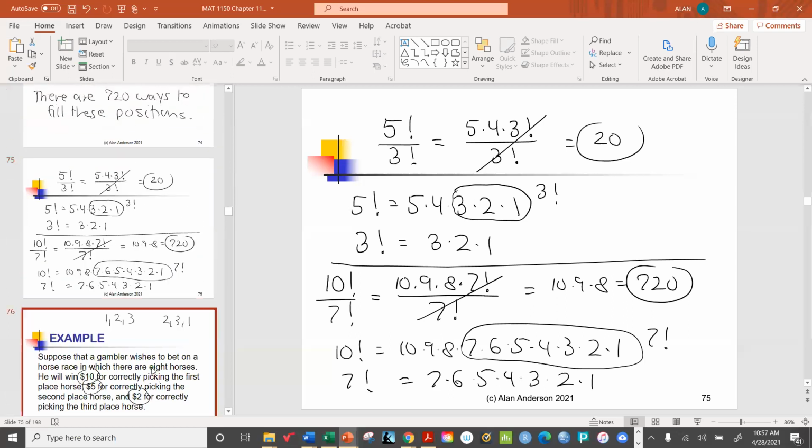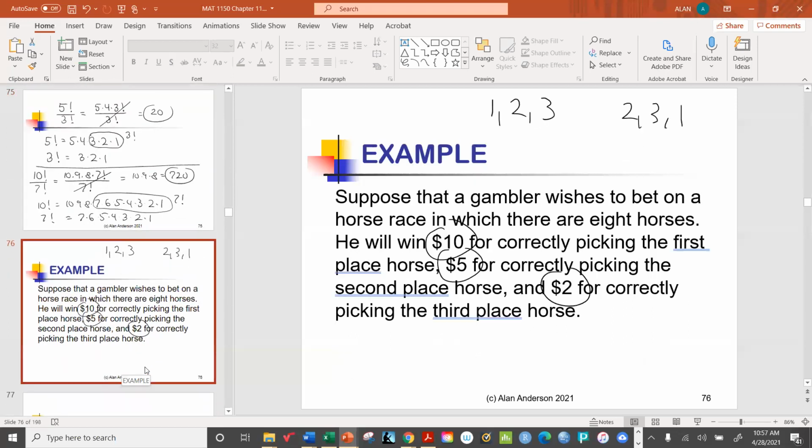Imagine you're at a horse race. And the way horse racing works is that typically you can bet on whoever is going to finish first, second, and third. And often the tickets are set up so you can bet on all three with one ticket. So, for example, let's say there's 8 horses and they're simply numbered 1 through 8.